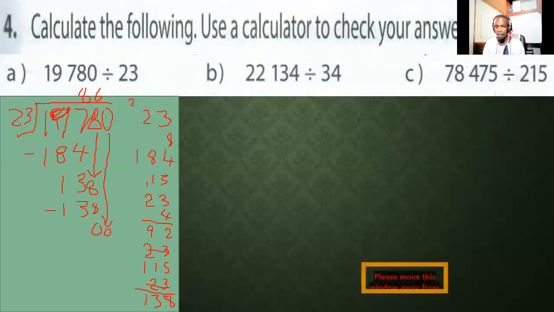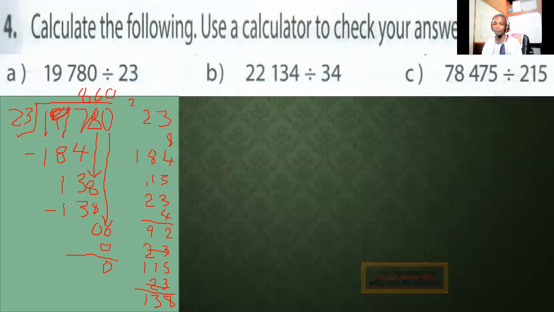Then it becomes 0. So 0 divided by 23, it's 0. 0 times 23, it's 0. 0 minus 0, it's 0. Can you see that? Then I'm done with that one.